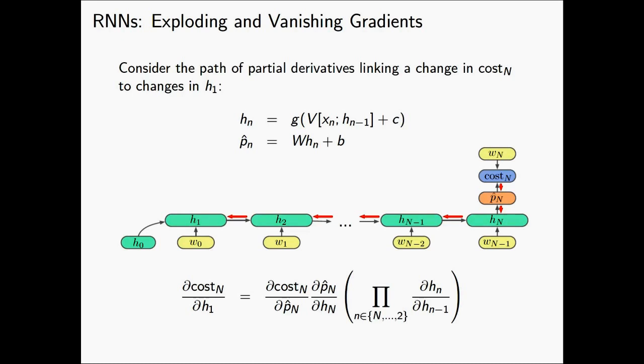So this is the key formalization of this problem: we're interested in how these gradients behave, how these partial derivatives behave. And if I change that hidden layer at time step 1, is the cost function at time step capital N going to notice? Or is that just going to disappear in that long chain?